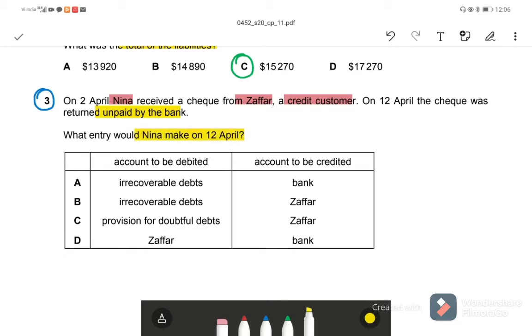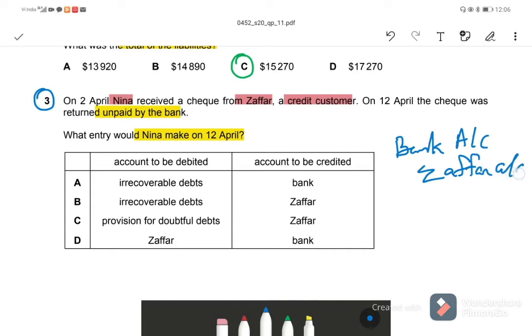When we are receiving check, when we receive check, bank account debit and customer, here the customer is Zafar. Zafar account is credit. Here the check has returned. So what Nina will do? Nina will return the check to Zafar. So the transaction is just opposite transaction. How we enter?